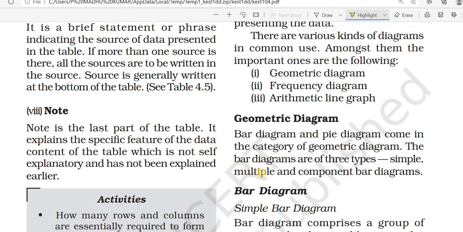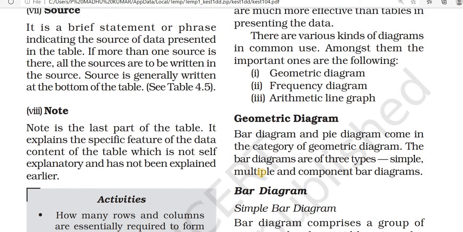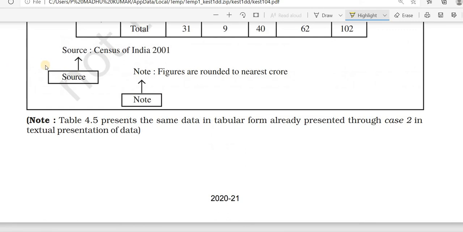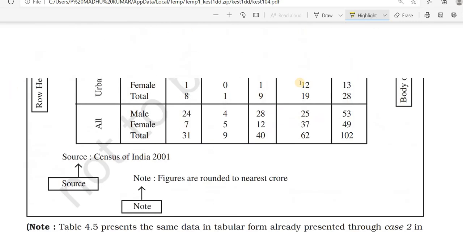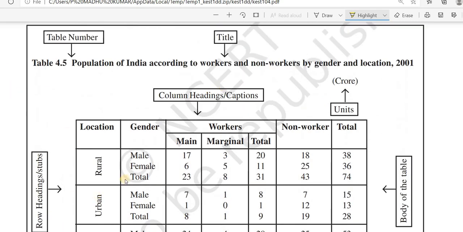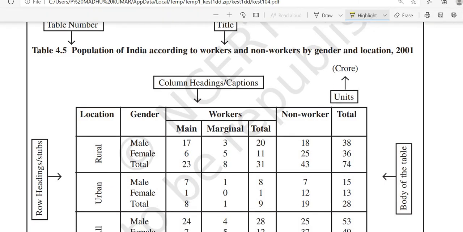It explains features which cannot be understood by the reader from the title. Suppose the footnote says figures are rounded to the nearest crores. If the reader cannot understand, from this footnote they can understand easily.